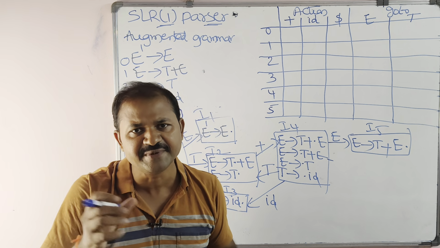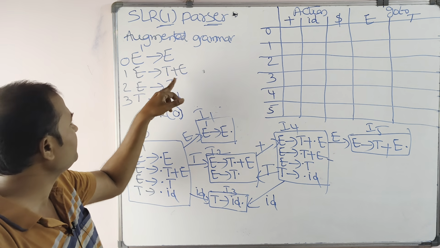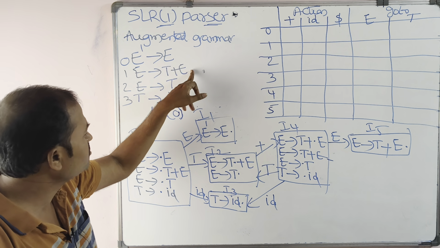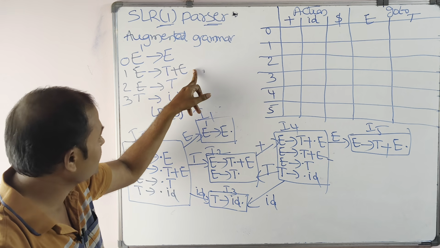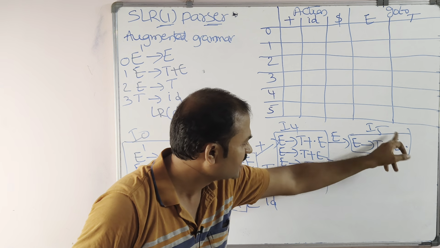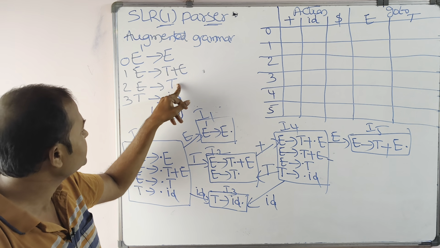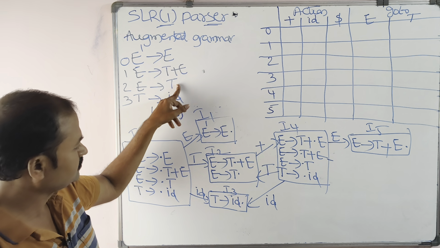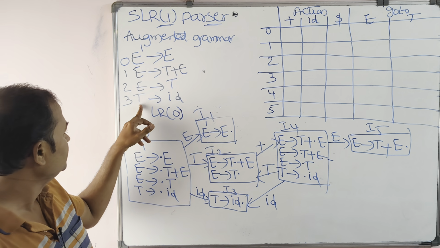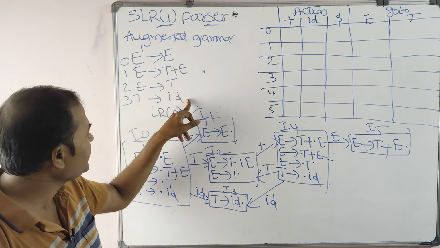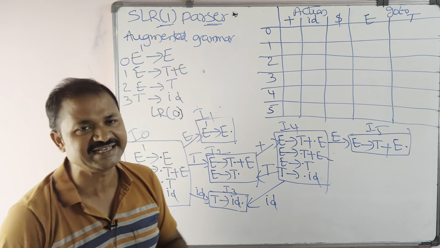Final item means the dot is at the right-hand side. For the first production, the final item is E produces T plus E dot, which is the I5 state. For the second production, the final item is E produces T dot, which is in the I2 state. For the third production, the final item is T produces ID dot, which is in the I3 state.